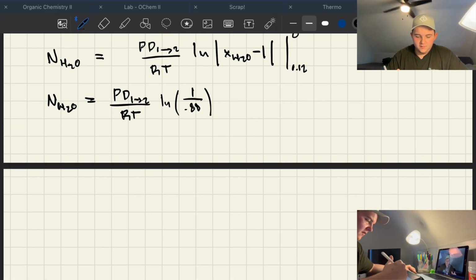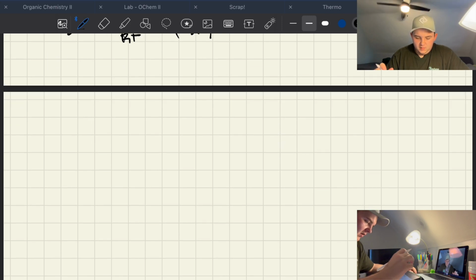So all we have to do now is finally just plug in our pressure values, our coefficient values, and our constants and temperature.